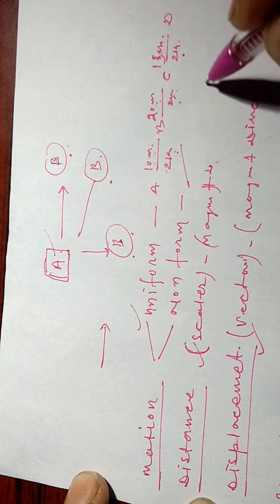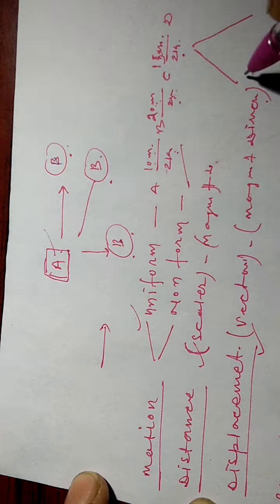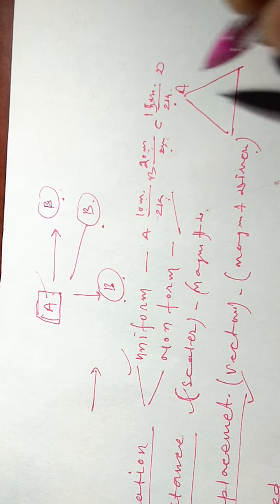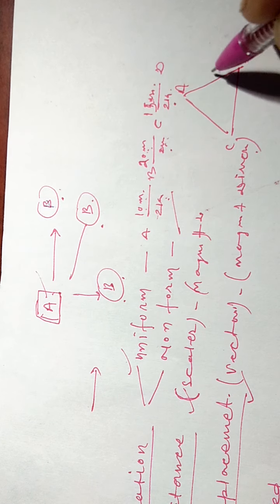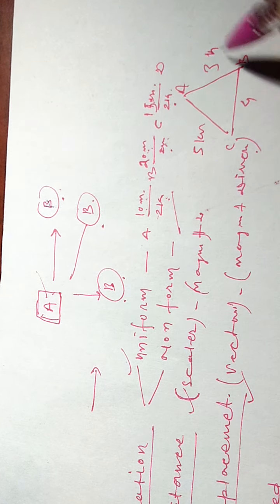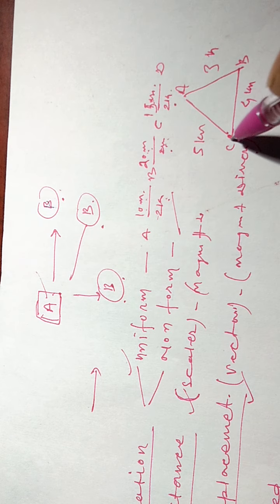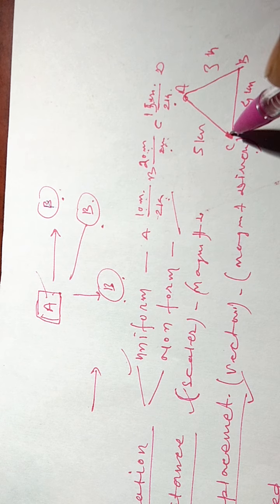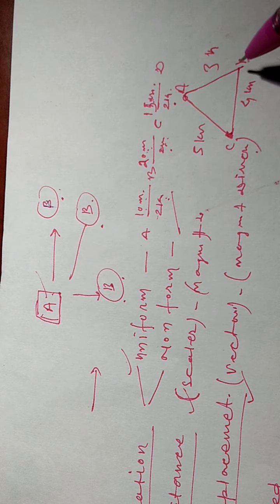Okay, let's be clear with this diagram. This is a triangular path A, B and C. A to B is 3 kilometer, B to C is 4 kilometer, and let's suppose A to C is 5 kilometer. While you have to start from A and reach point C, there are two ways.